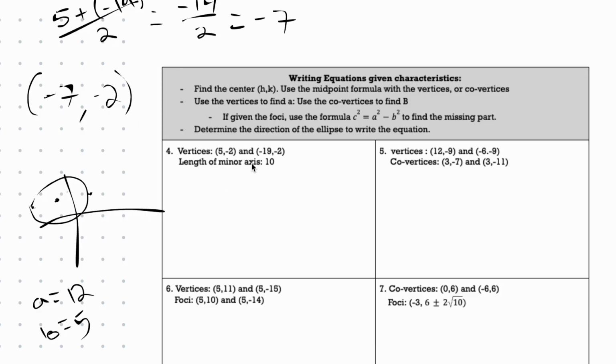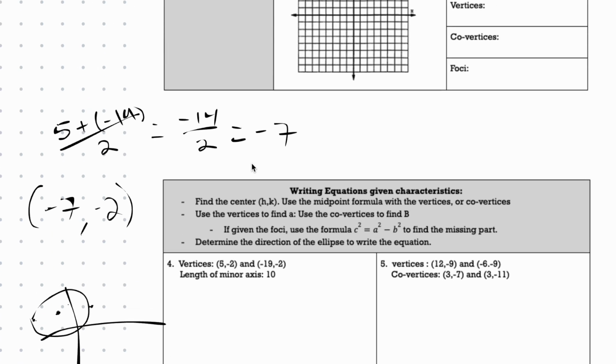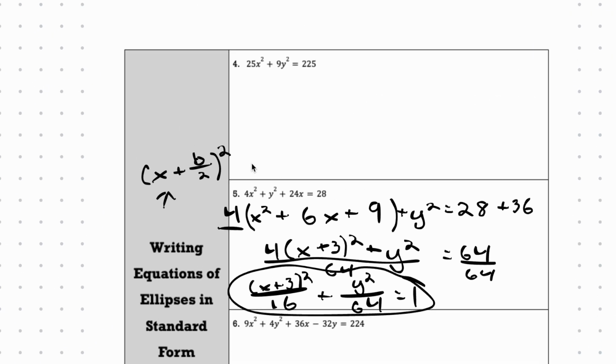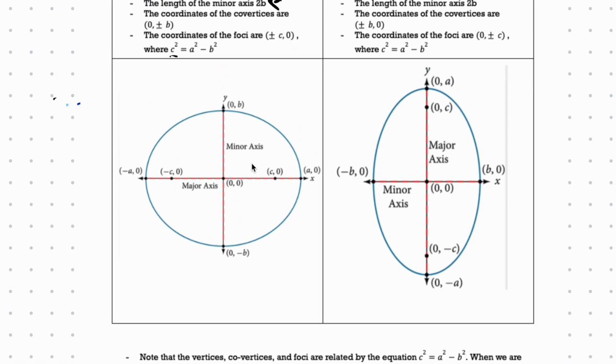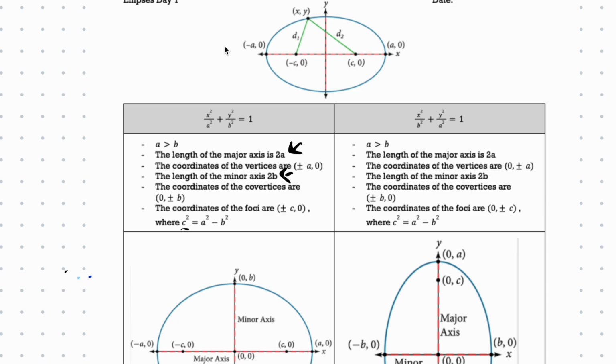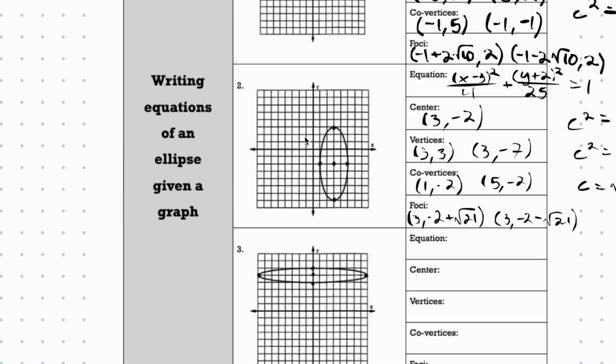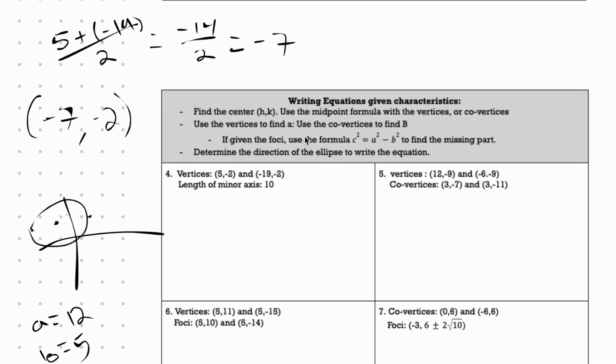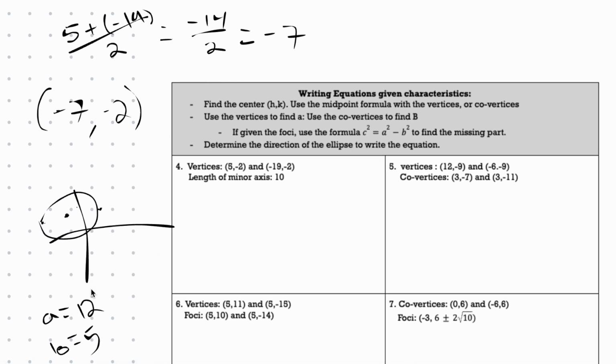Now we're just going to plug it into our normal standard form equation, which, if we scroll up here, it's just going to be something that looks like this. So, since we're stretching horizontally, we want our a value to be under our x portion of the equation.